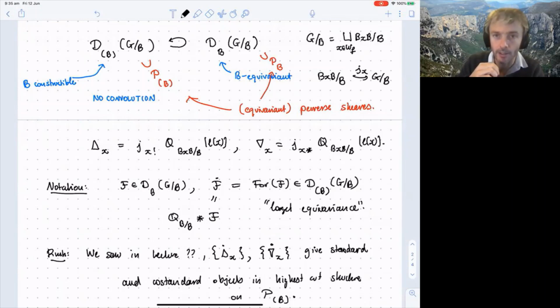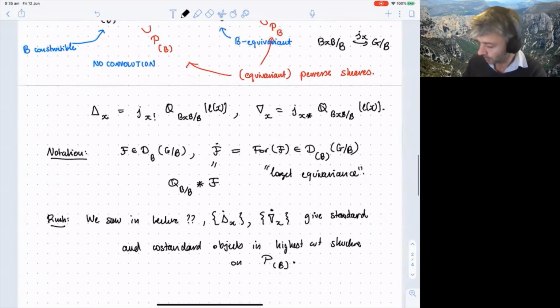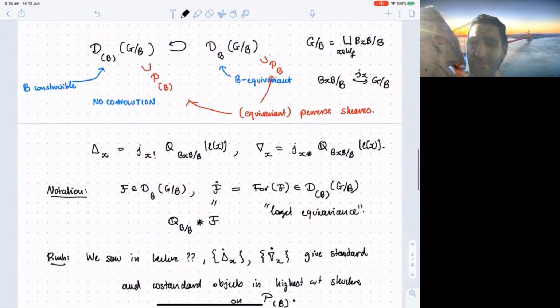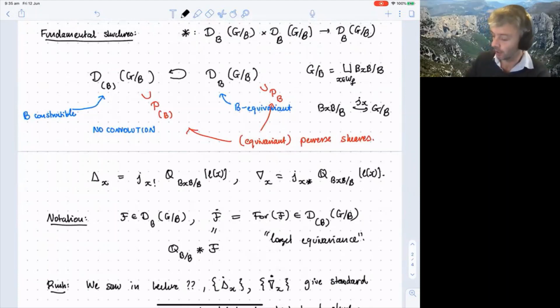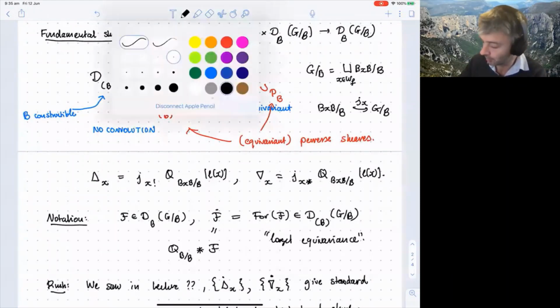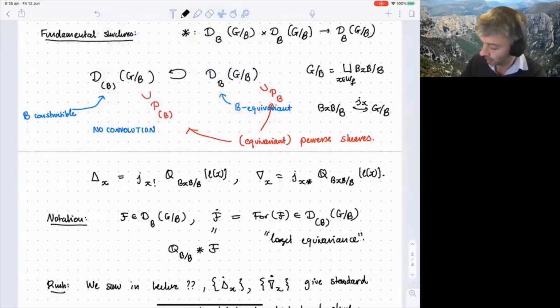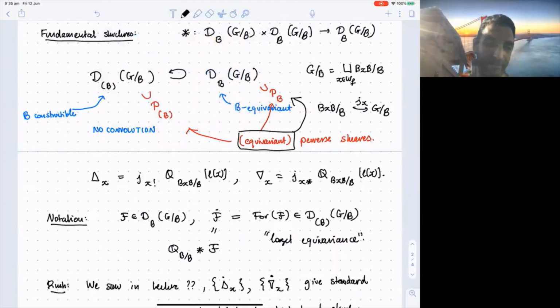Masood is asking about the difference between P_B and P bracket B. We have this. You like to call both of them equivariant perverse sheaves? No, one is, sorry, this equivariant refers to this side. Ah, okay. These are constructible perverse sheaves.